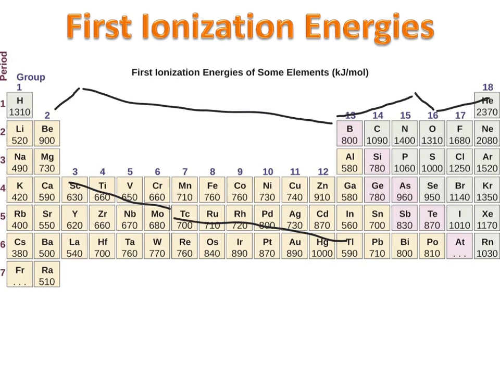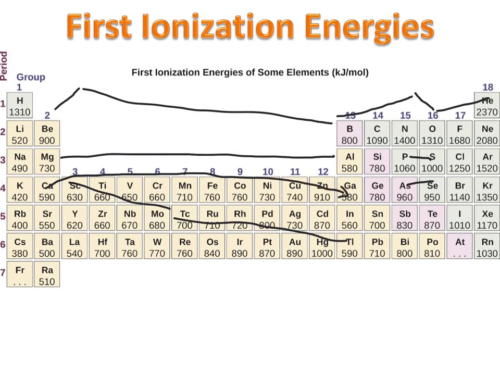This also occurs in period 3 here, between magnesium and aluminum, and phosphorus and sulfur. Between calcium and gallium, there's only a slight drop. Same for arsenic and selenium.